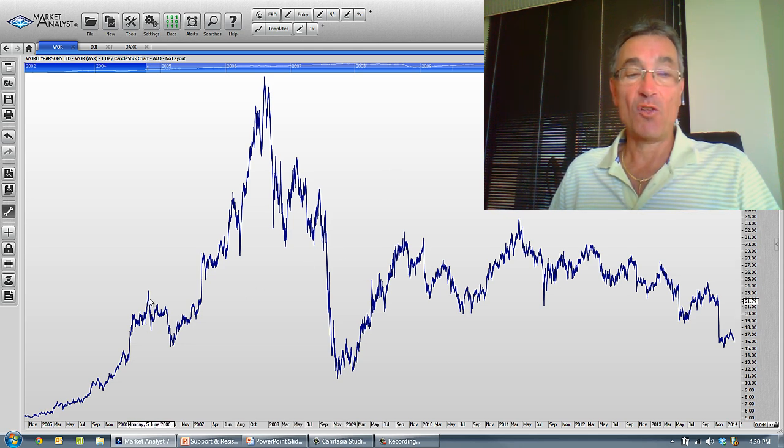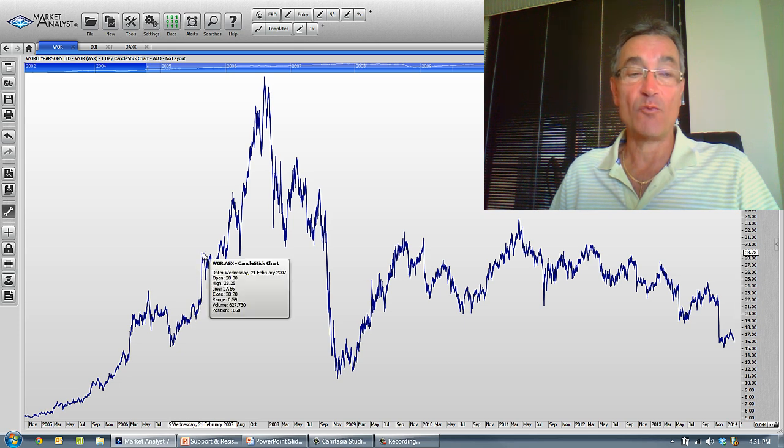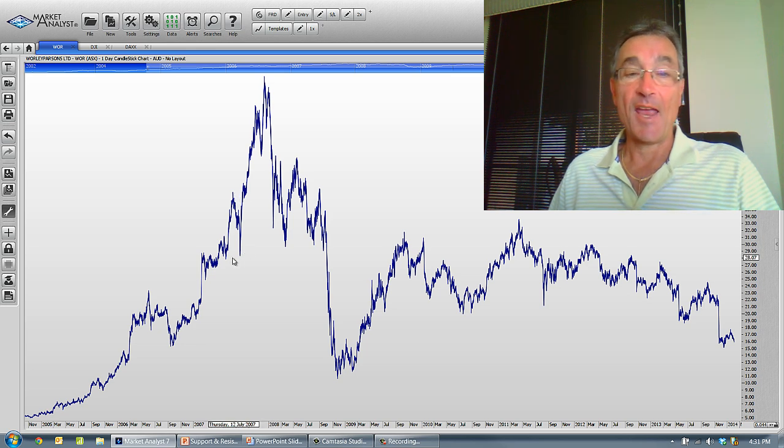And you'll notice that along the way it formed several peaks, and the price then pulled back from that peak, and then it took off again, rose, formed another peak, consolidated for a while, then rose again, pulled back. And each time that it does that, we can start to construct a level where there are various reversals of support and resistance occurring.